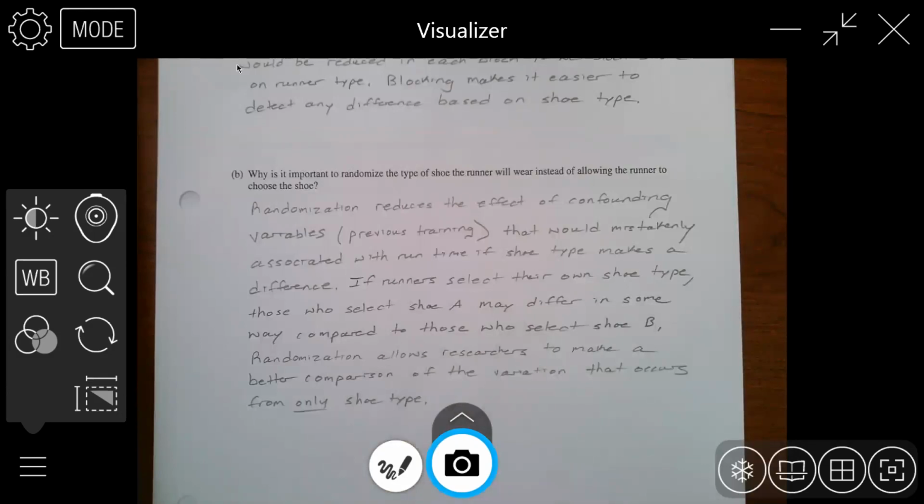Another way to make it a P would be to forget context. So you forget that second sentence: if runners select their own shoe type, what would happen? If I didn't mention that scenario in context of what would happen in the other situation, that would be a P because you just have a one-sided argument.